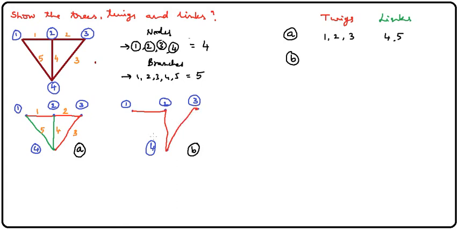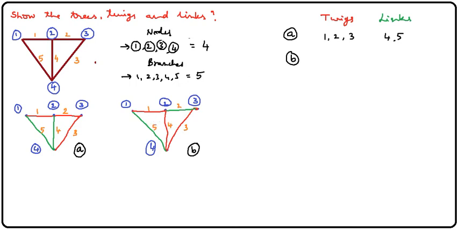All nodes have been covered, and there is no closed loop. This is the concept, and the remaining branches are these two. Let me write the branch numbers 1, 2, 3, 4, and 5.